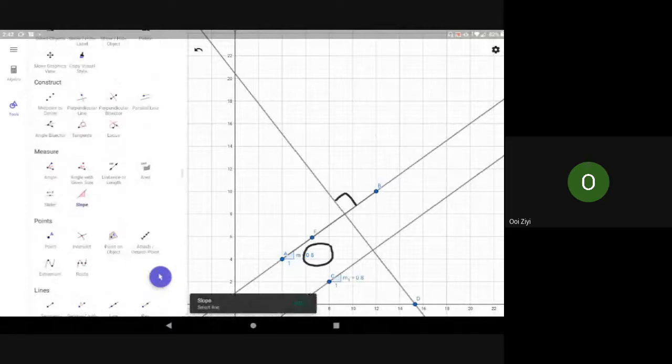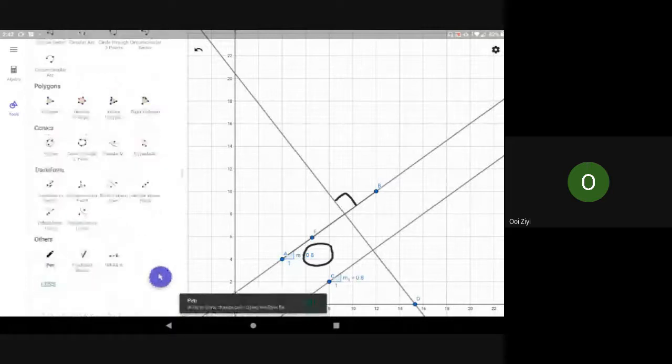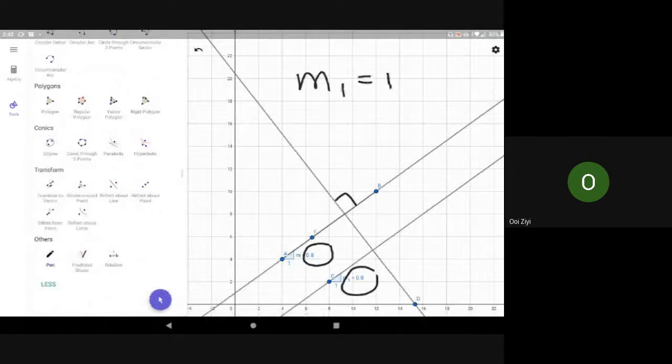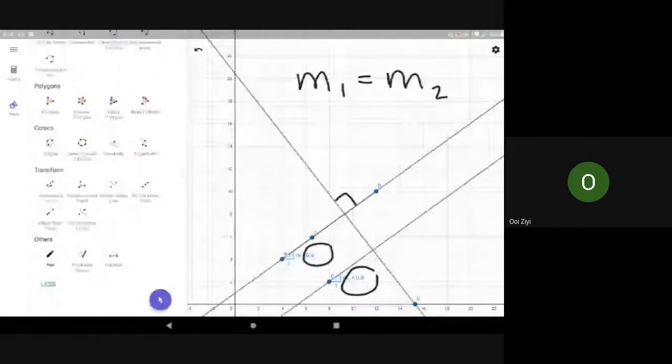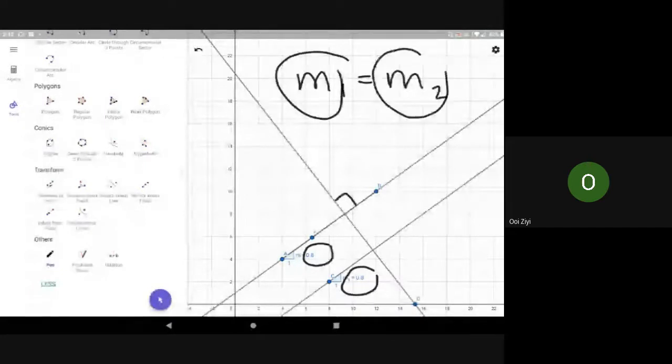Here we have the same value, meaning M1 equals M2. To make sure these two lines are parallel, both gradients must be the same. Then they are parallel. So how do we check whether a line is perpendicular to another line?